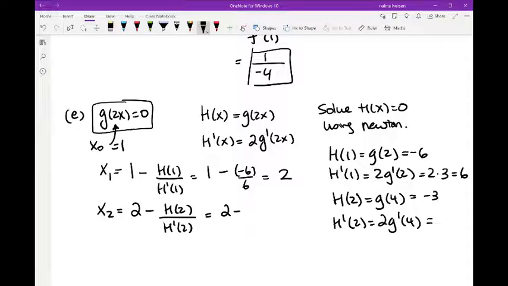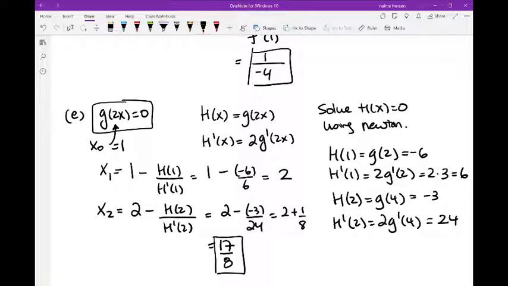And g prime of 4 looks like 12, so 2 times 12 is going to be 24. So I'm going to get 2 minus -3 over 24, which is going to be 2 plus 1 over 8. 8 times 2 is 16 plus 1 is going to be 17 over 8. And so for us, our x2 value is going to be 17 over 8.